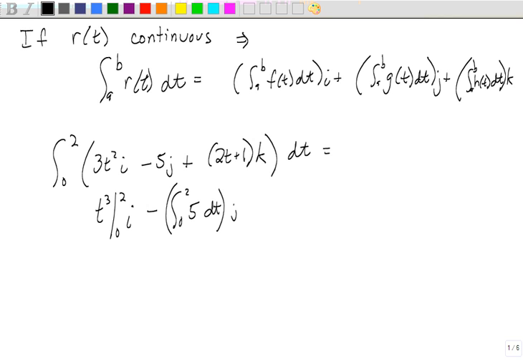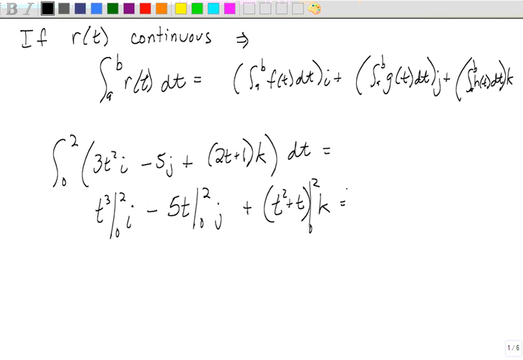I'm going to integrate, let's just go ahead and integrate that with respect to t. And that's going to be 8i minus 10j plus 6k.